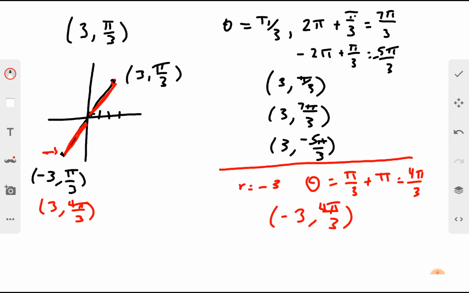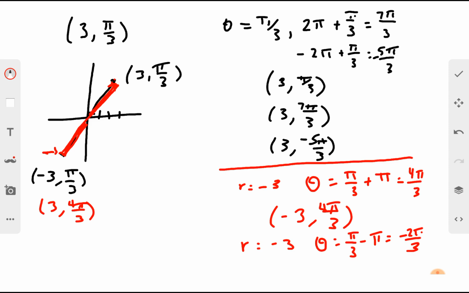You'd go around 4 pi over 3 and land on this other point that we don't want, and then the negative 3 would take you the opposite direction over to here where you do want it. So to get the opposite angle, the negative r, you're going to add or subtract pi. So if we want another one for r equals negative 3, we could take our theta and subtract pi from it. That's going to give us negative 2 pi over 3.